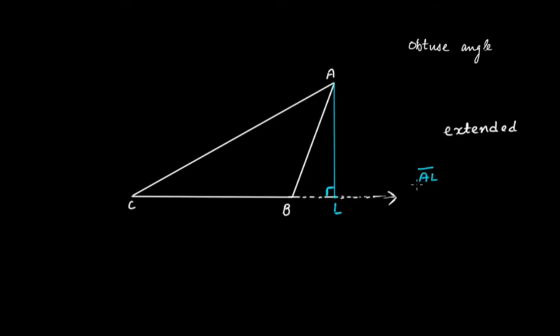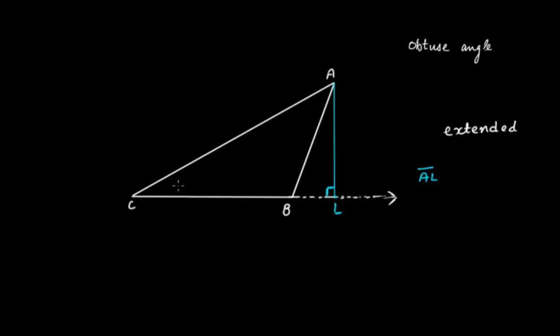And if you remember, when we were discussing medians, we discussed that when we draw medians of a triangle, all the medians lie within the triangle. But in this case you can see that we can have an altitude or height that is outside of the triangle.